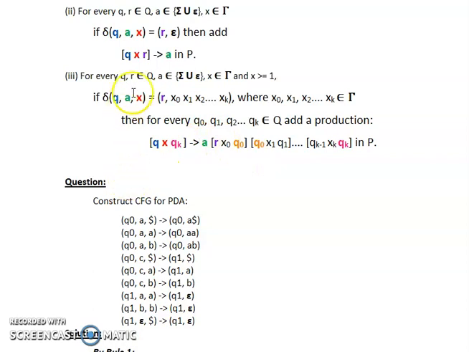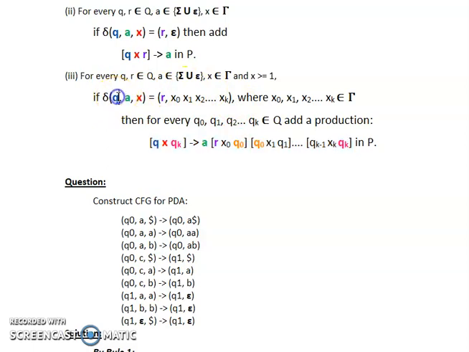Now according to the third rule, suppose there are two states Q and R that belong to the set of states Q, and there is an input symbol A, and there is a symbol in the stack that is X. And if a transition of this particular format is present in our pushdown automata, then we are going to replace it by this particular production in the production rules of the context-free grammar. So let's see what is going on over here.